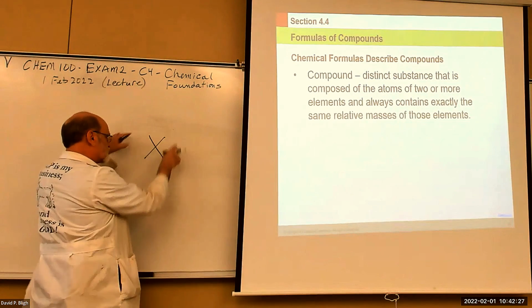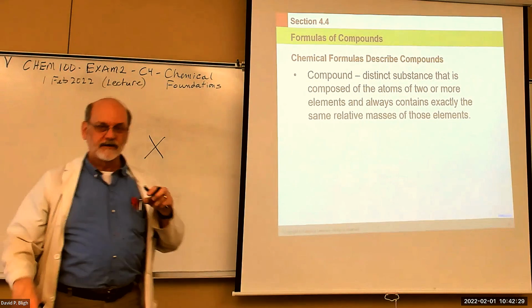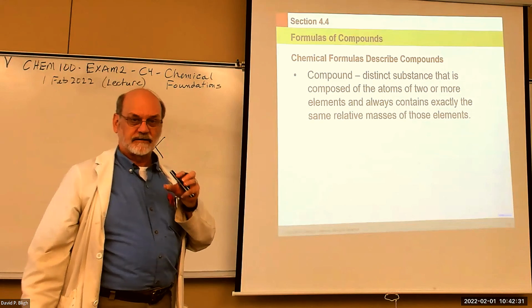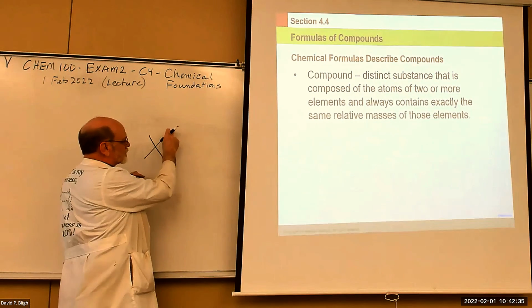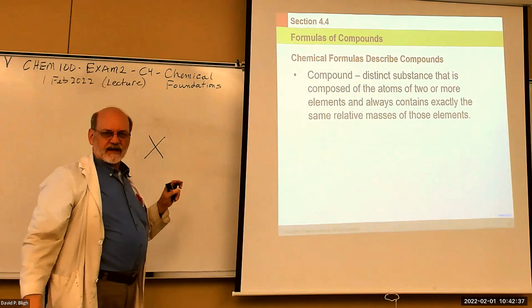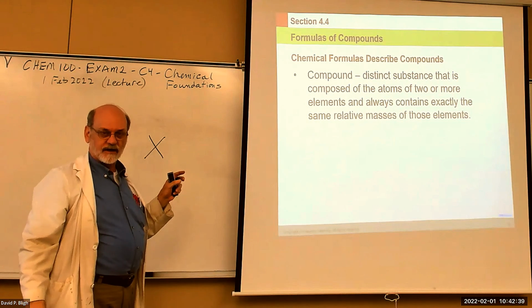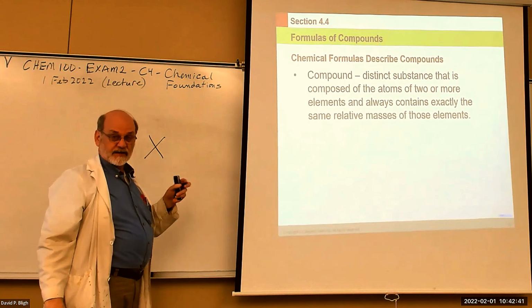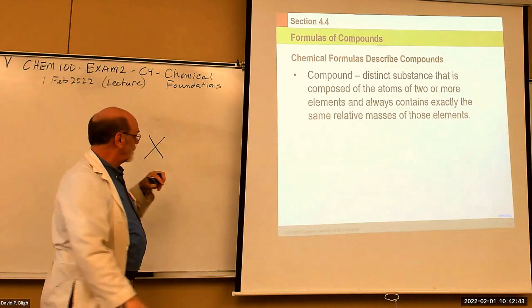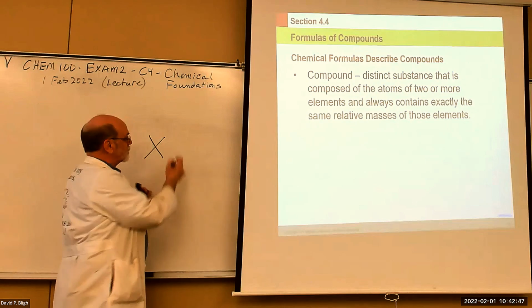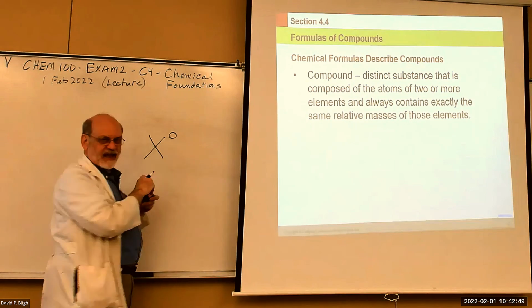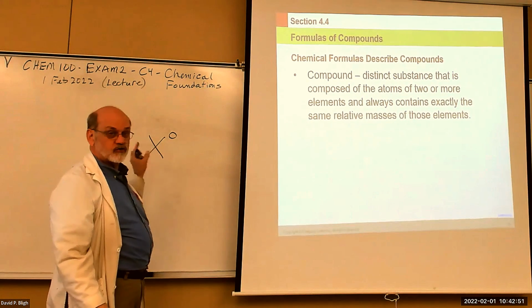There are 4 positions around that symbol that are reserved for certain information. If we put something up here, we're saying that's the charge on that atom. Right? Is it positive or negative? Or if we don't write anything up there, we're saying it's neutral. Or sometimes we say, okay, explicitly, I want you to know that that is a neutral atom.